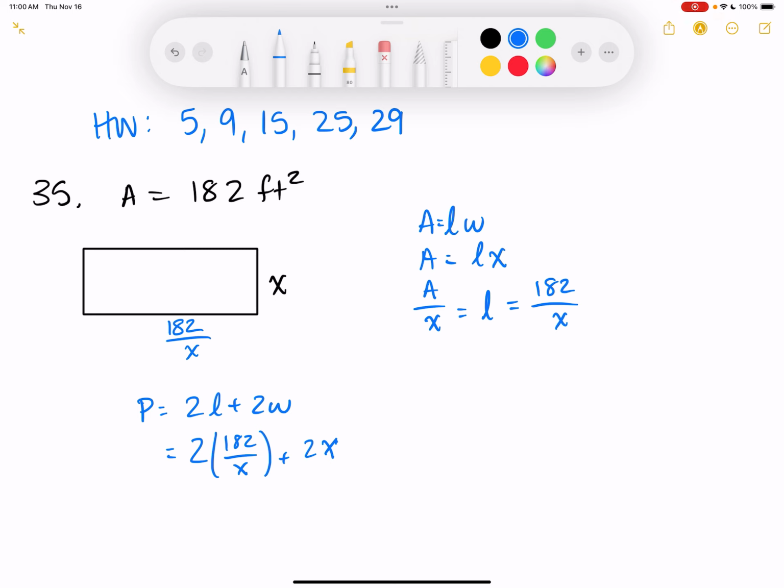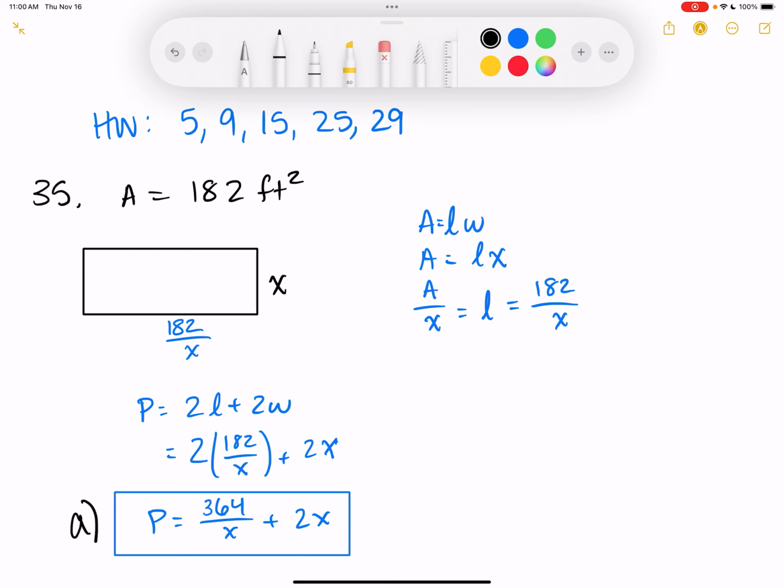So for the first part, it says to express the perimeter as a function of x. That means P equals 364 divided by x plus 2x. That is part A of this problem: perimeter as a function of x.